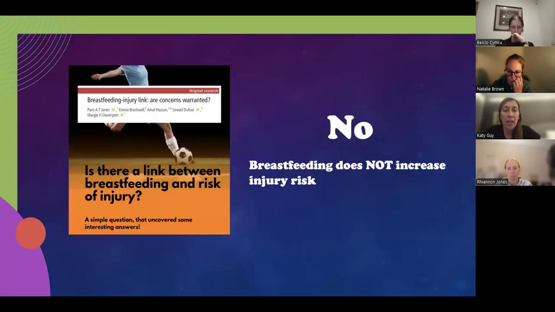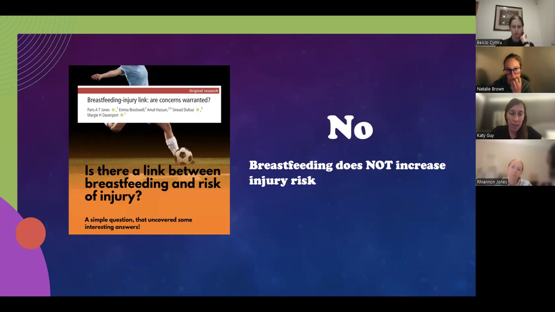It's always been a slight concern for people. Is there a link between breastfeeding and injury risk? The simple answer to that question is no, it does not increase your injury risk.